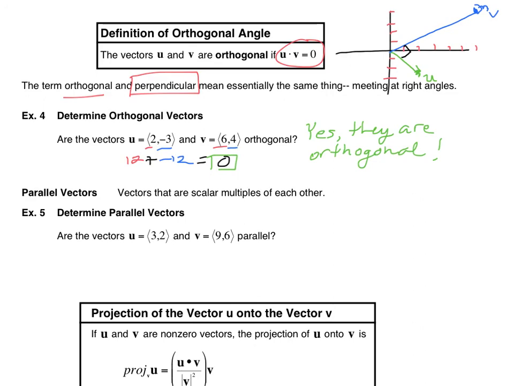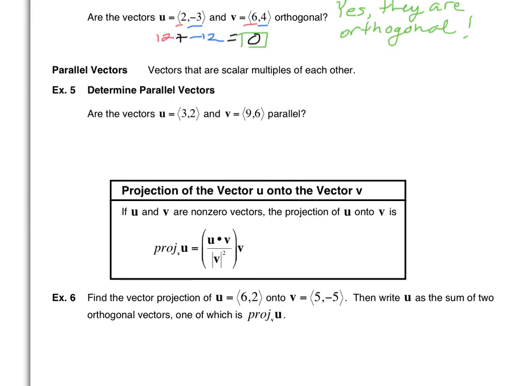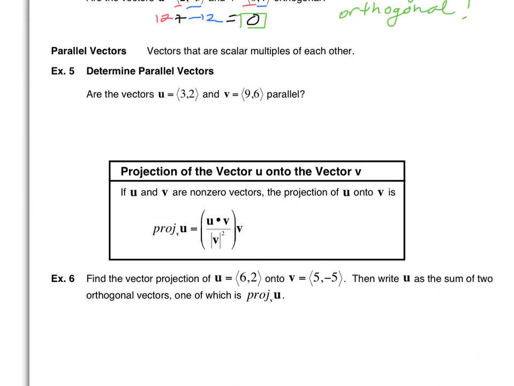The other thing that you have to determine is, are two vectors parallel? Parallel vectors just mean that they are scalar multiples of each other. So you can either multiply one of the vectors by something to get the other vector, or divide one of the vectors by something to get to the other vector. And so if you look at these particular vectors here, can I multiply 3 by anything to get to 9?